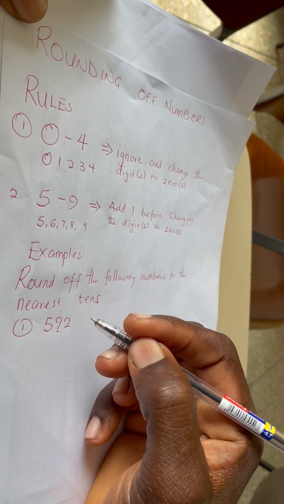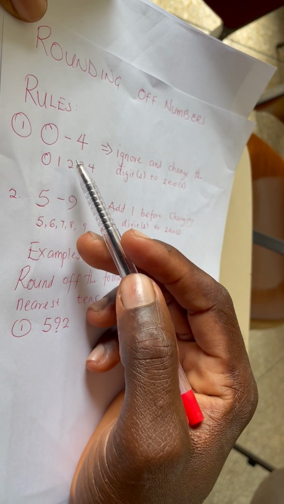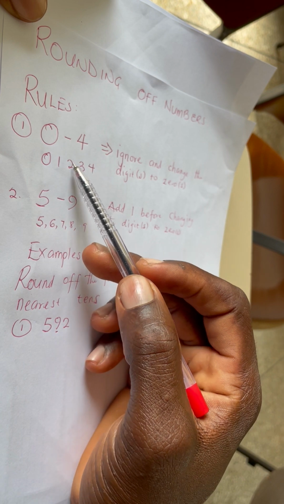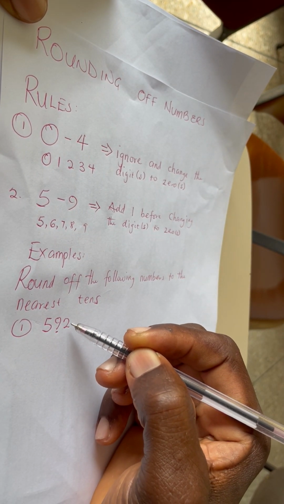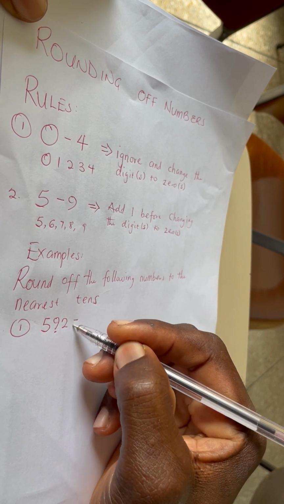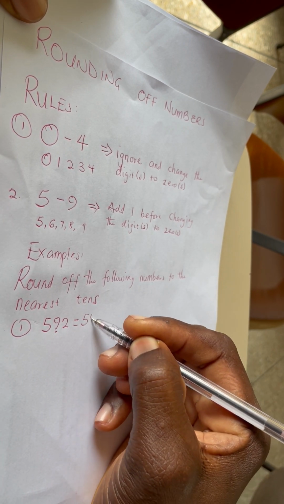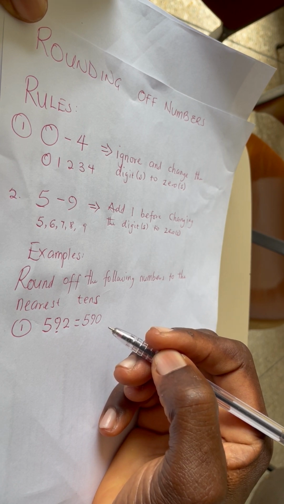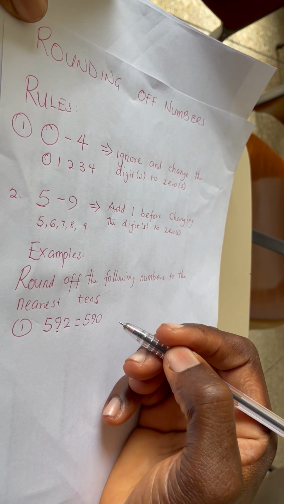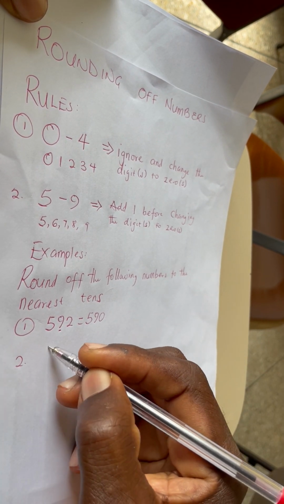And per our rules, 2 falls under rule 1, from 0 to 4. So you are going to ignore this 2 and change it to 0. So our answer now becomes 590. I hope you understand.